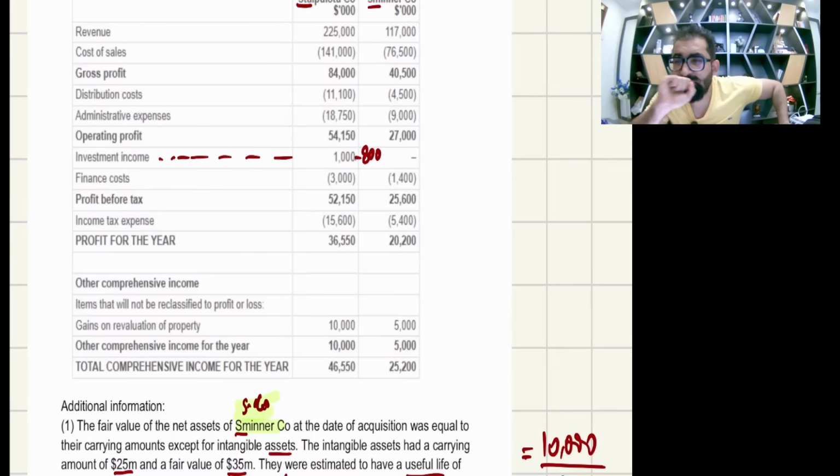Now this is the dodge. They have also written in the question 1000, and already 1000 is written here. So what will a student do? Student will remove the complete 1000. That is wrong. That 1000 was the total dividend paid by S company, so it will be distributed between parent and NCI.